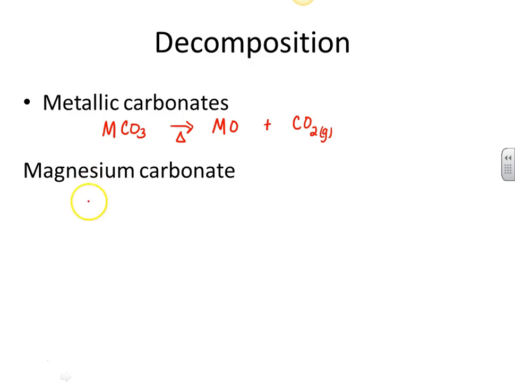So as an example, magnesium carbonate, which is a solid, if it's heated strongly, it will break apart into magnesium oxide, which is also a solid, plus carbon dioxide gas. And it's actually balanced as it's written.